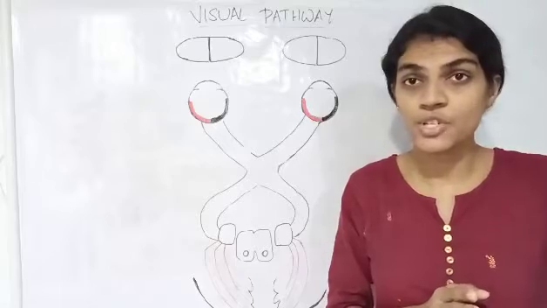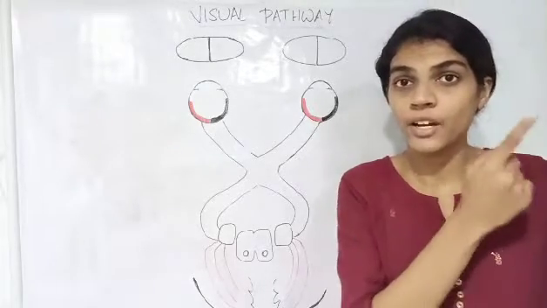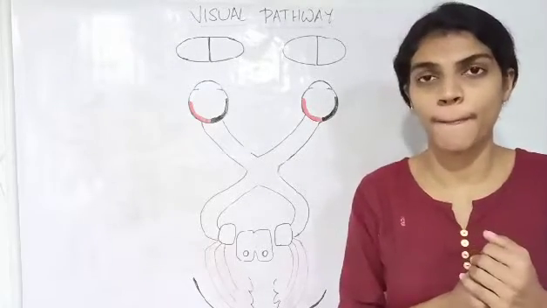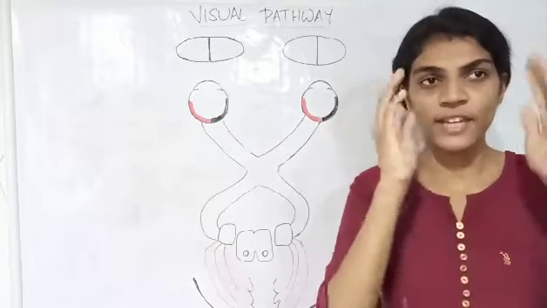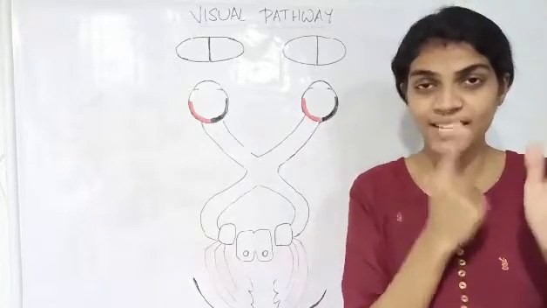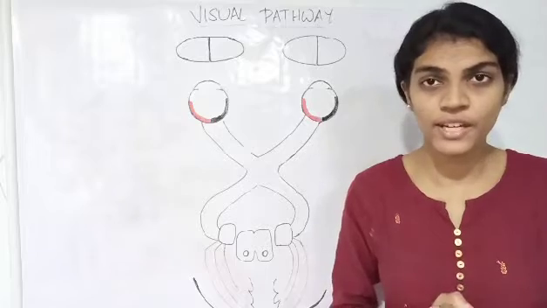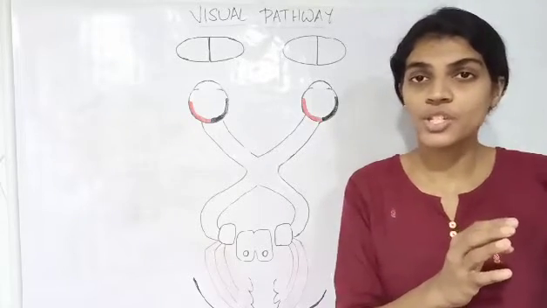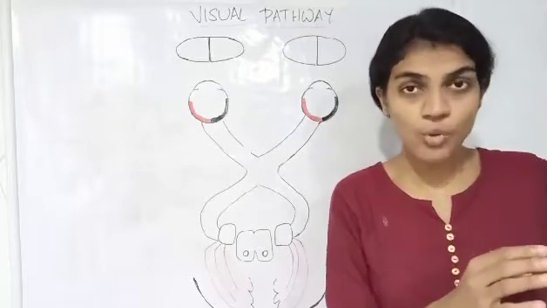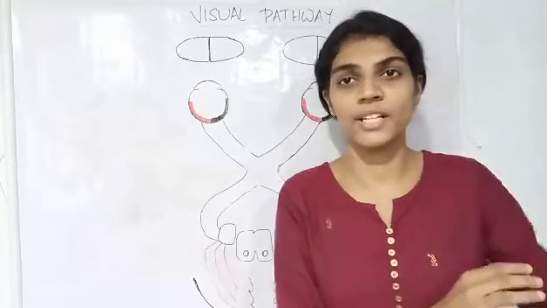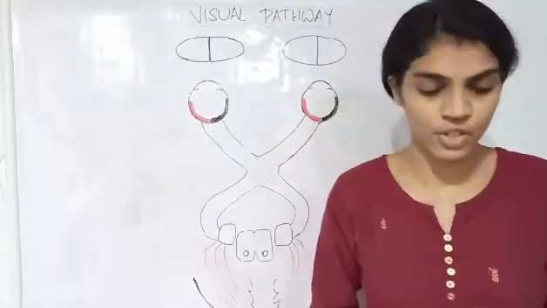Temporal means which is more in the direction of your ear. The outer field is known as the temporal visual field.